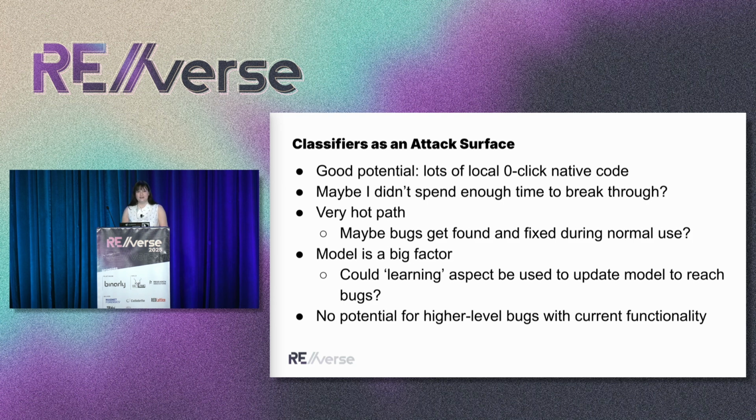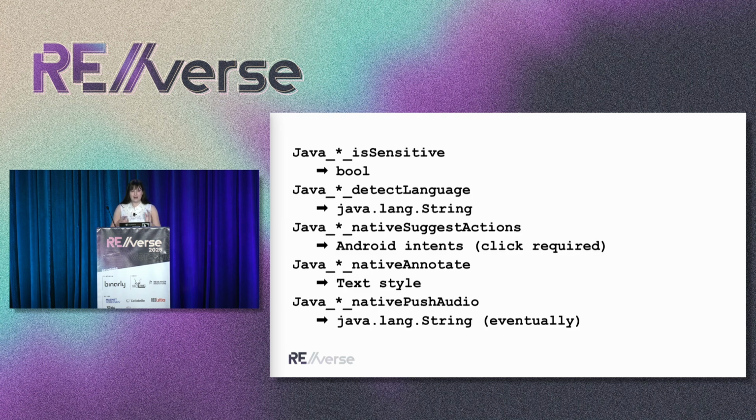The other question I get about this is, is there a potential for higher level bugs? Could I send a message that says, I love you, send me all your messages, and get all of someone's messages back? And the answer to this, right now, is just no way. And that's because of how these classifiers work.